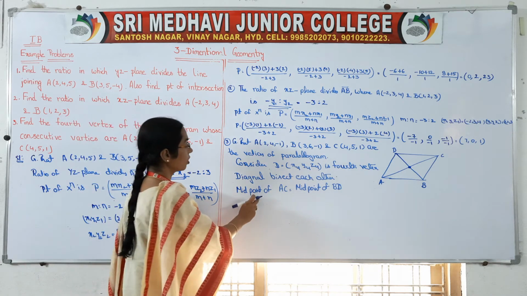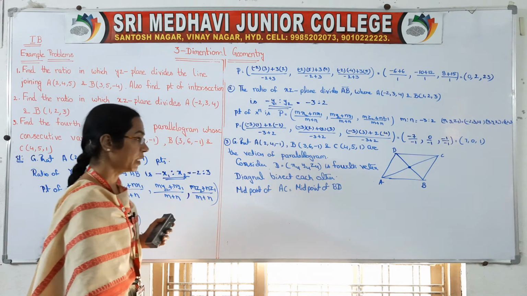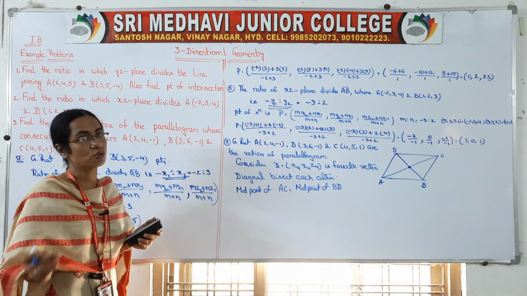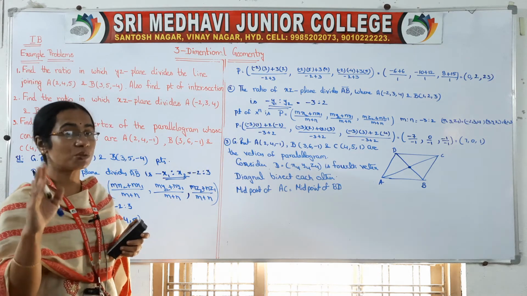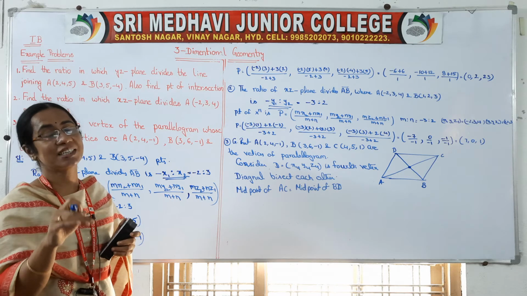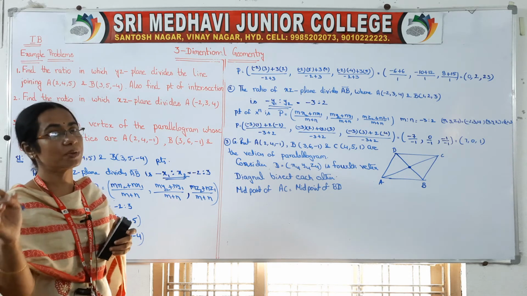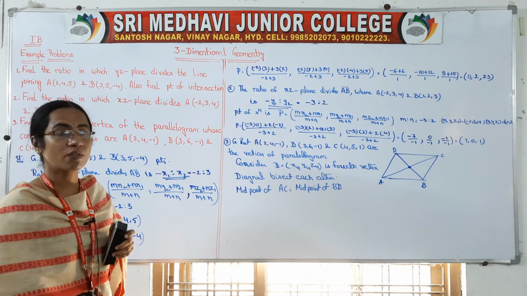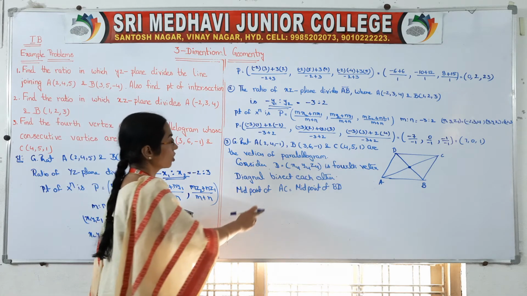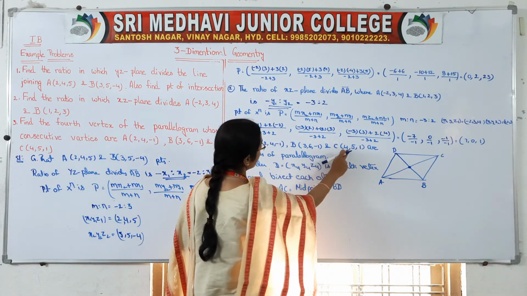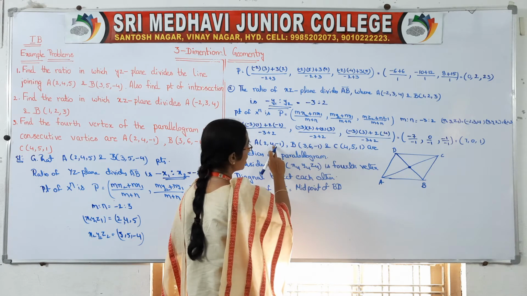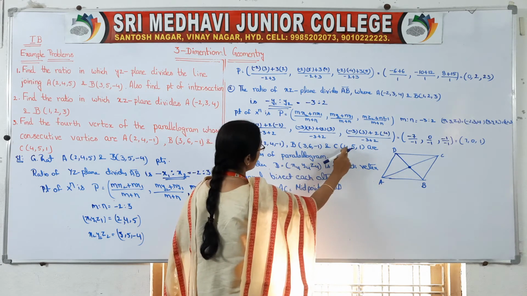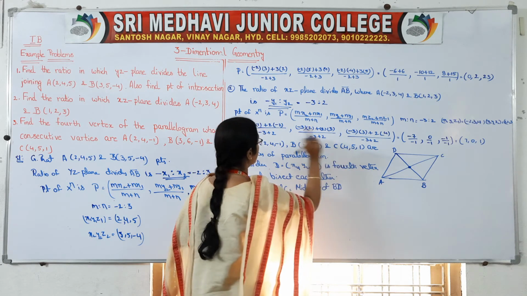Okay, so you know the formula for midpoint: x1 plus x2 by 2, y1 plus y2 by 2 in 2D. Now we are in 3D, so z1 plus z2 by 2 also will be there. So you take A as x1, y1, z1 and C as x2, y2, z2.